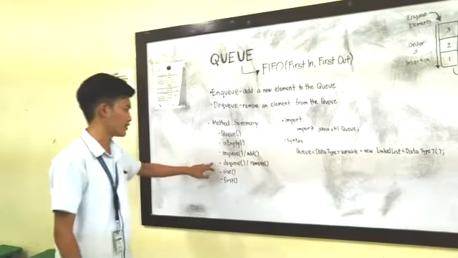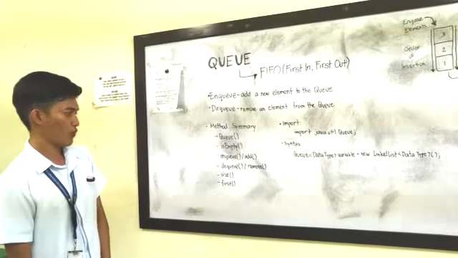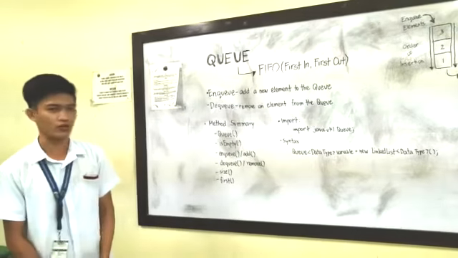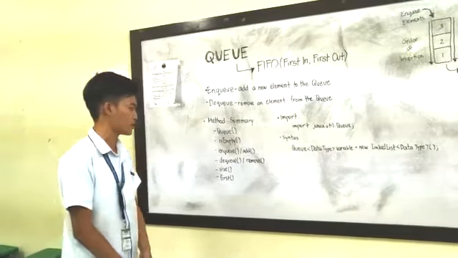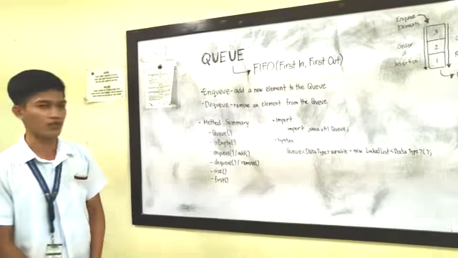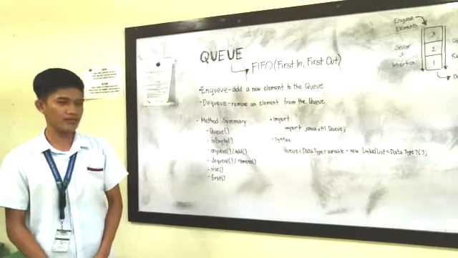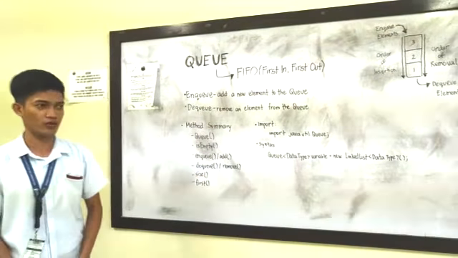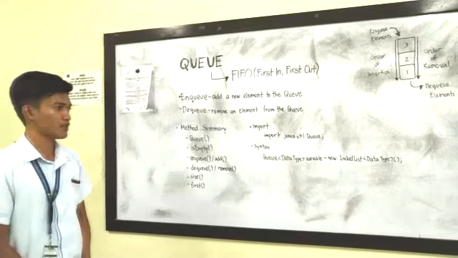Next is dequeue() or remove(), which differs from enqueue and add because it deletes or removes elements from the queue. Next is size(), which asks the size of the elements in the queue. And the last one is first(), the same as peek in the stack, which is used to examine the top part of the elements in the queue.